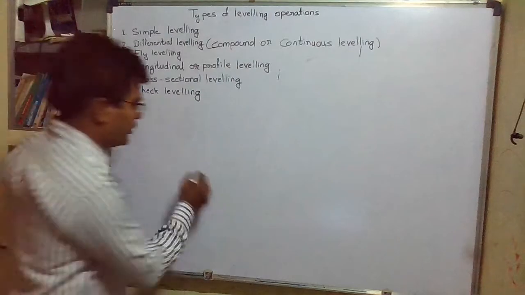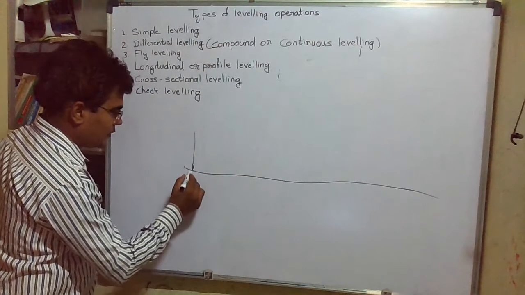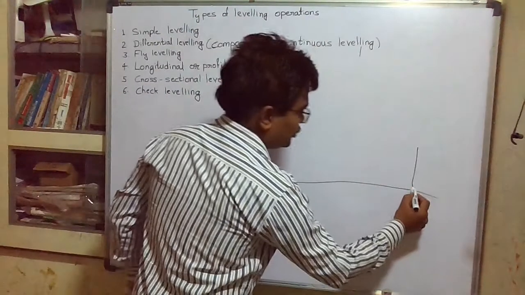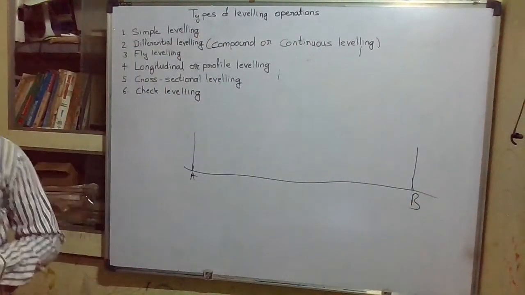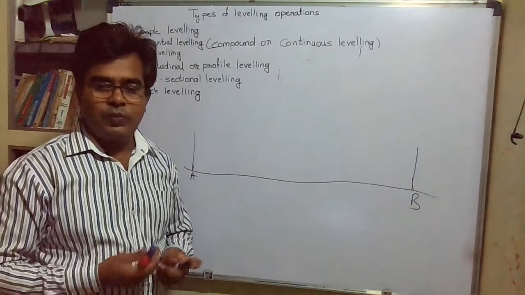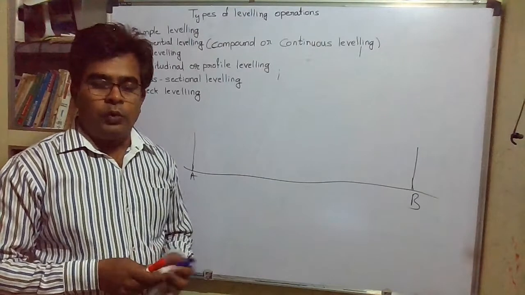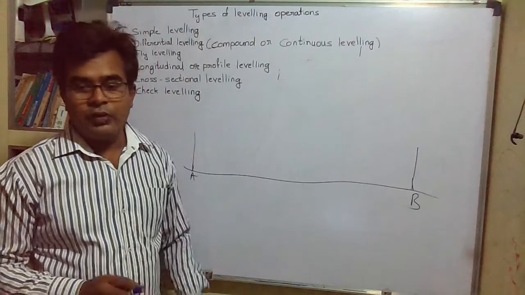Suppose there are 2 points, this is point A and this is point B. These 2 points are at a far distance from each other, or there may be an obstacle between them, or there may be a high level difference between them. So how do we do differential leveling, also called compound leveling?